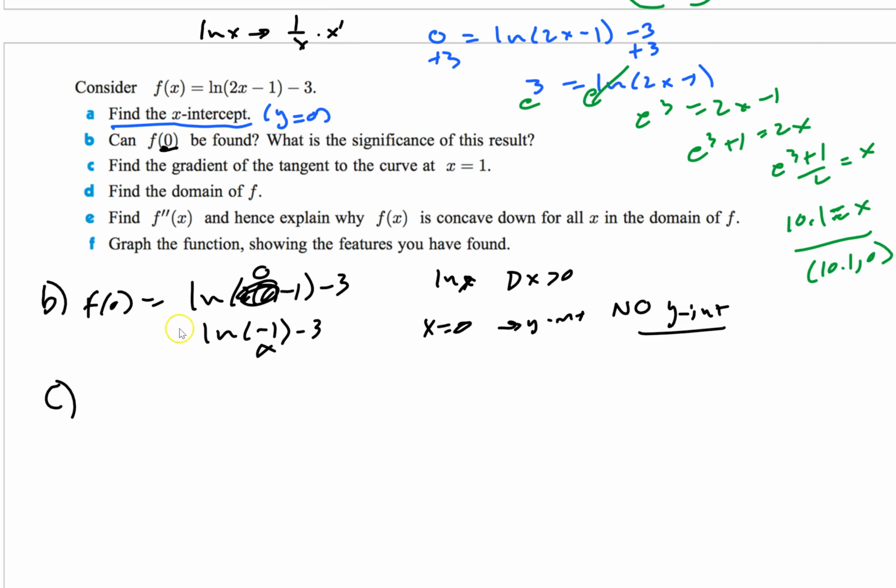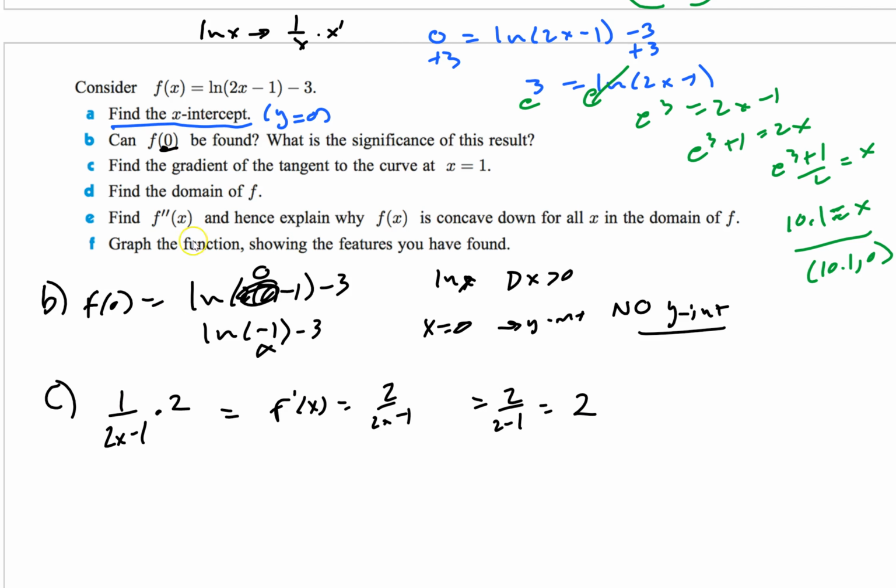Chain rule. Classic chain rule. So 1 over the inside times the derivative of the inside, which is 2. The 3 goes away. So my derivative is just 2 over 2x minus 1. They want me to plug in 1. So 2 over 2 minus 1, or just 2.